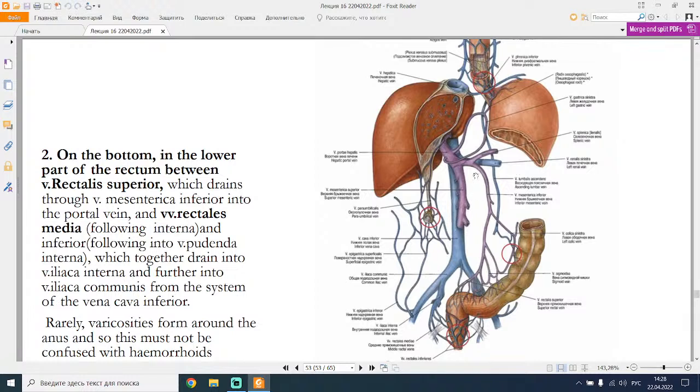This connects vena porta hepatis and vena cava inferior. Anastomosis between vena porta hepatis and vena cava inferior.